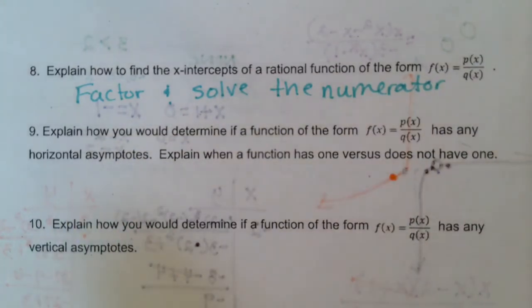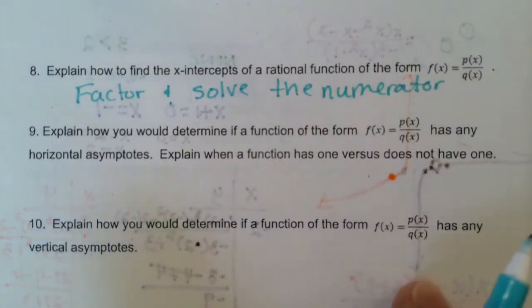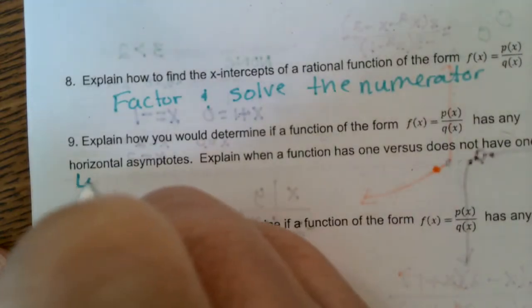How do we determine if a function has a horizontal asymptote? We look at degrees.